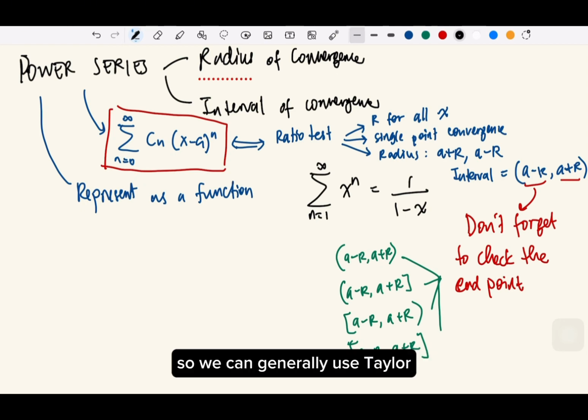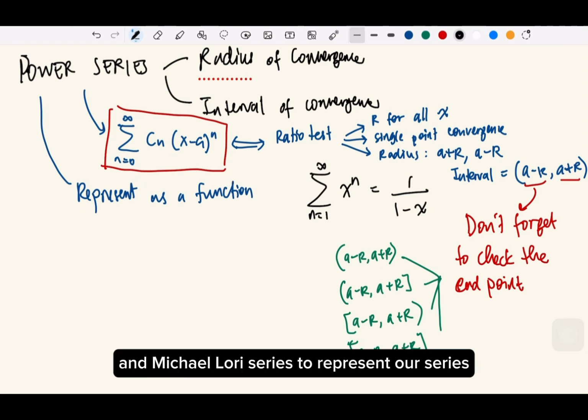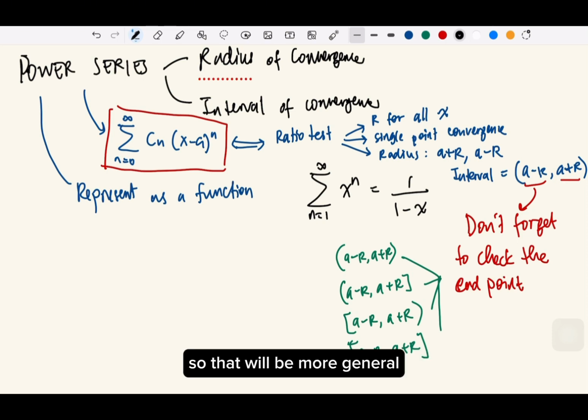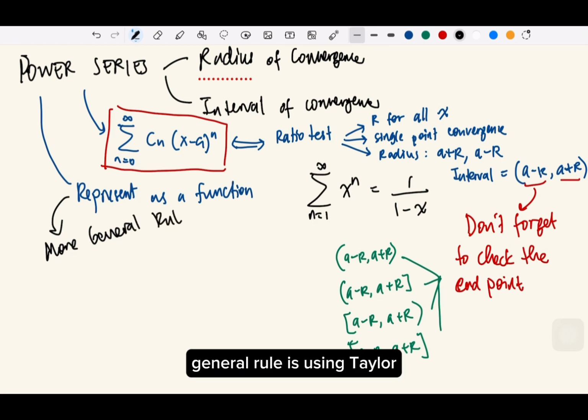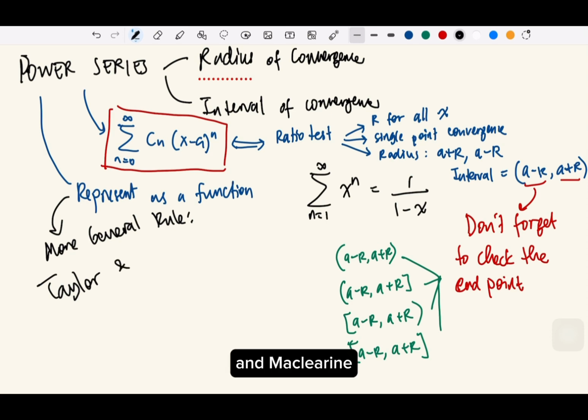Okay, so we can generally use Taylor and Maclaurin series to represent power series as a function. So that will be more general. So we can have a more general rule using Taylor and Maclaurin. Okay.